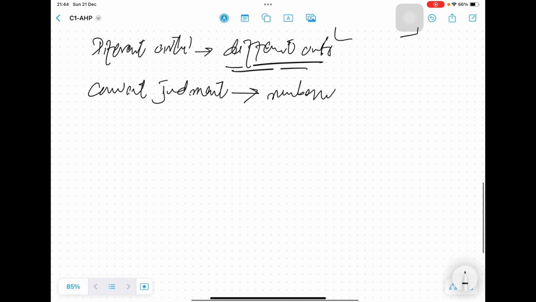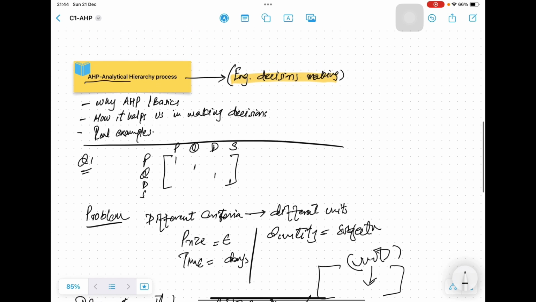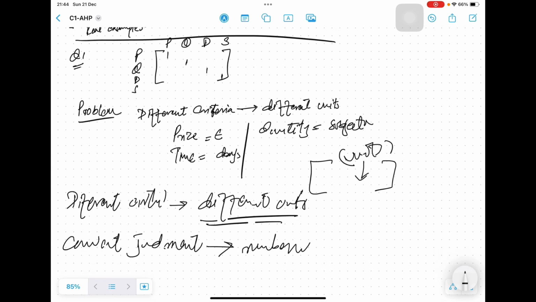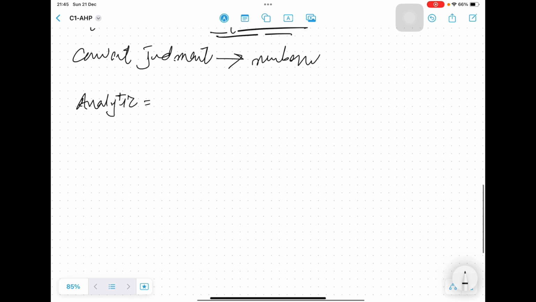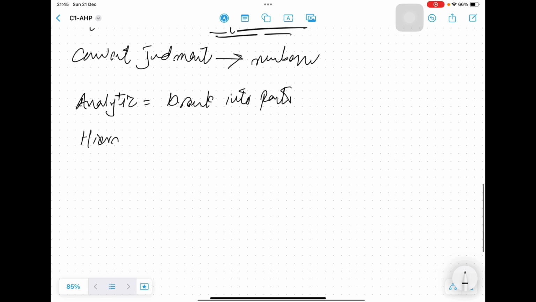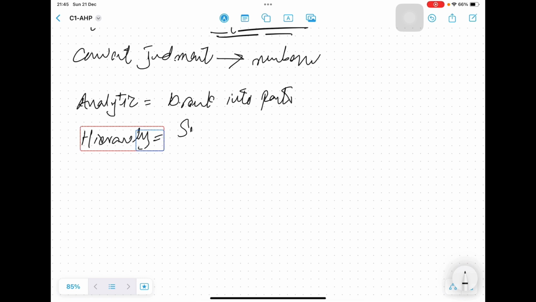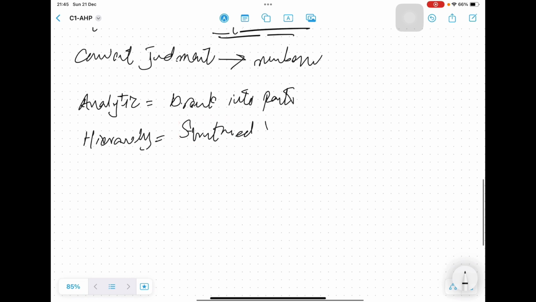If I come back to the definition of AHP and ask what the reason is that we do AHP: analytic, that is already so basic I am teaching, means break into parts, while hierarchy means structure levels.